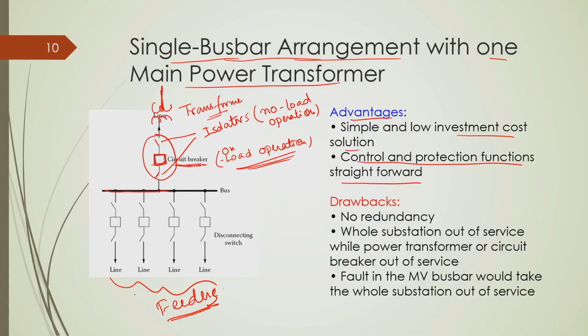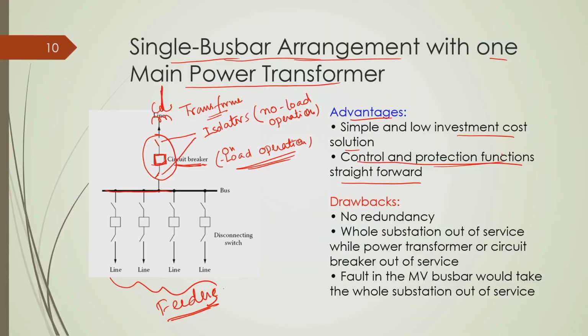So, here in this figure we have 4 different feeders. Now, why is it so simple? Because we have one circuit breaker for this transformer to be connected with this particular bus, from which we have these 4 feeders coming out. Now, compared to the other schemes which I will discuss later on, this scheme is very simple and straightforward, okay, and that is why its control and protection function is also straightforward.